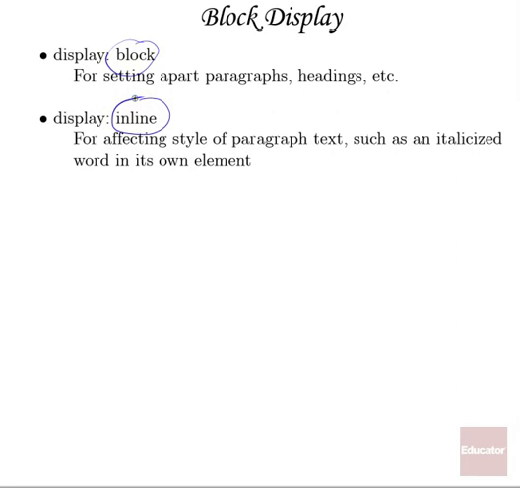Block display is for large portions of a document, such as paragraphs or headings or block quotes, that sort of thing. And an inline displayed element would be something like, let's say, a piece of italicized text within a paragraph. Something that doesn't need its own space on the page, may go across more than one line of the content that surrounds it, but it's part of that block content.